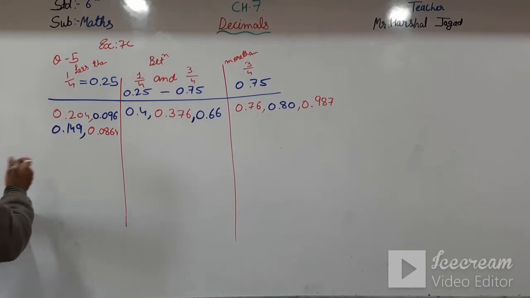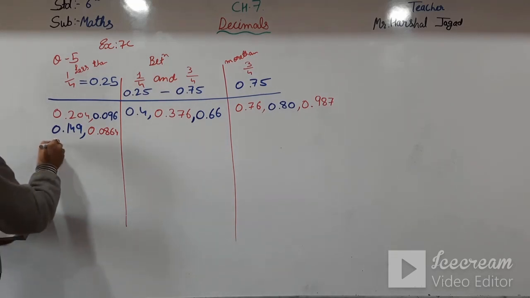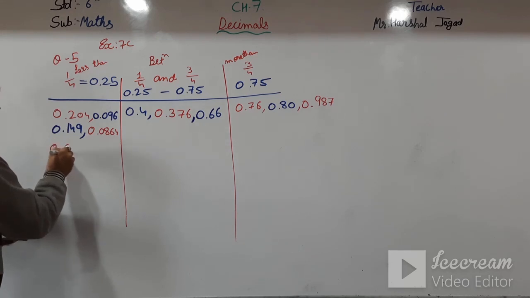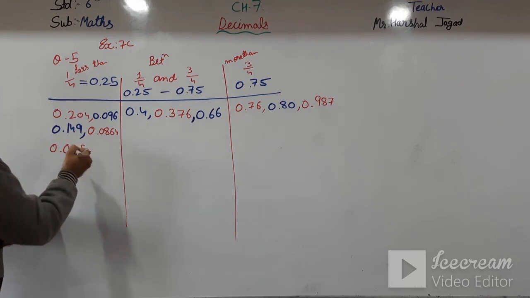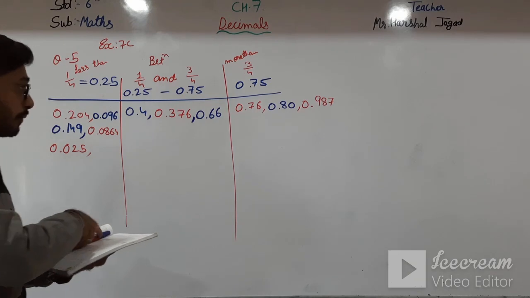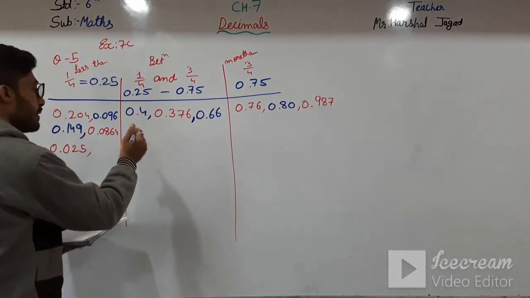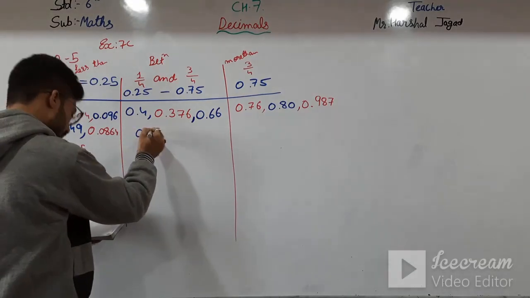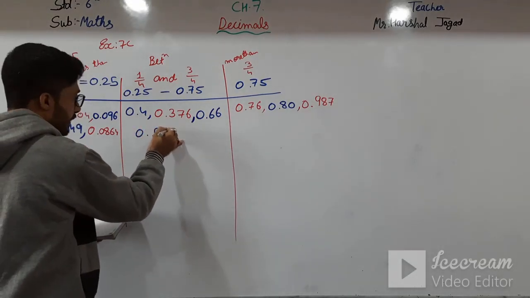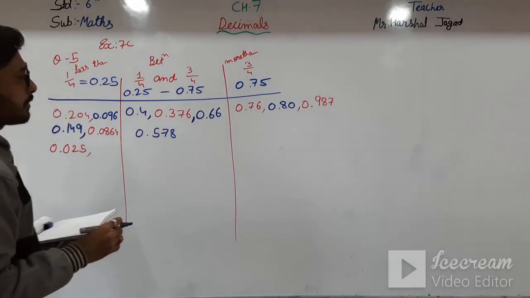It is less than this, so it will come over here, 0.025. And the last one, 0.578, it is between this, so 0.578. Please note this down, students.